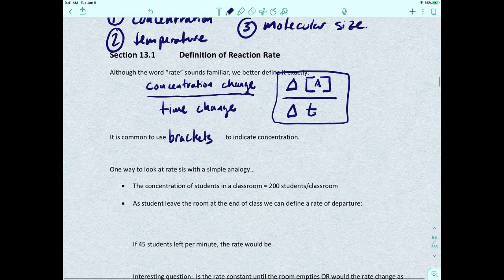Okay. Now, one way to look at rates is to use a simple analogy. Let's say we were in a really, really large lecture hall, and that lecture hall had 200 students. As students leave the room at the end of the class, we could define a rate of departure.